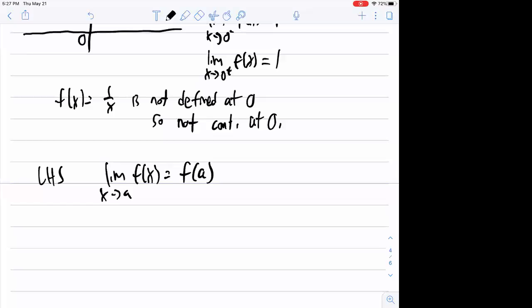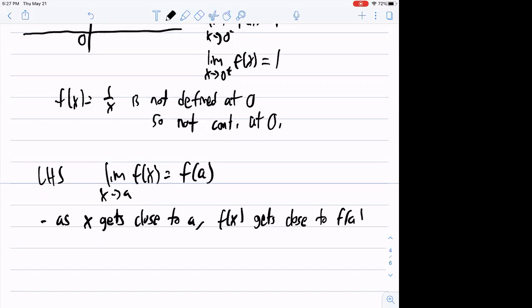What we want to say is, as x gets close to A, f of x gets close to f of A, right? That's pretty much what you want to say.